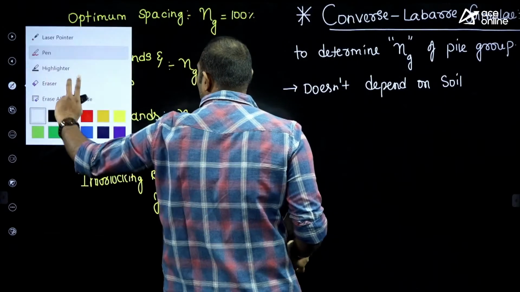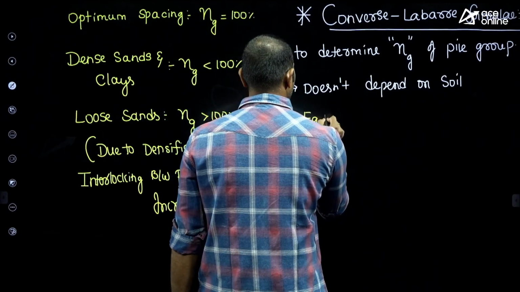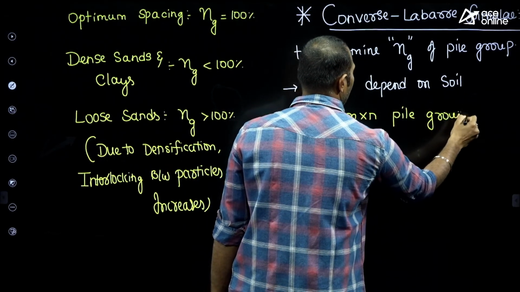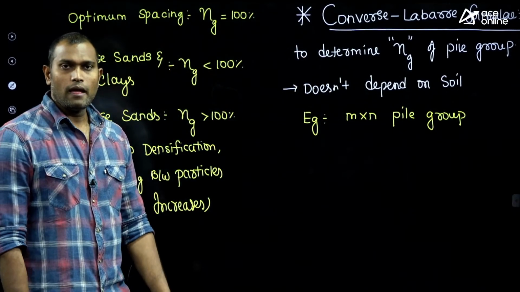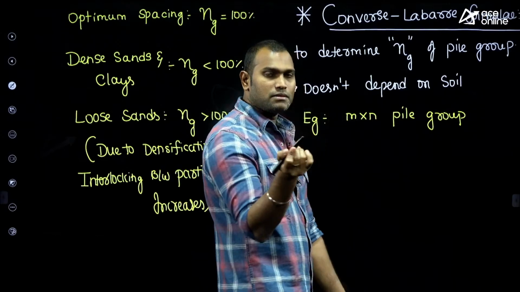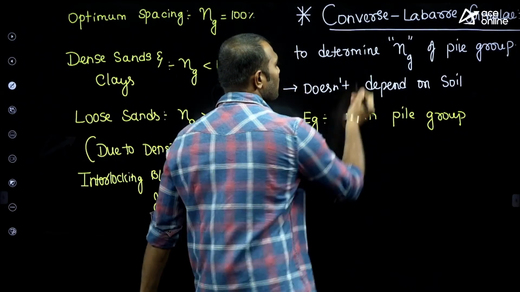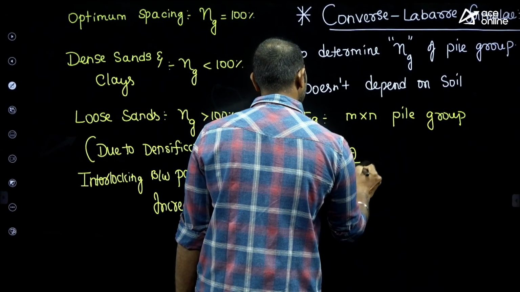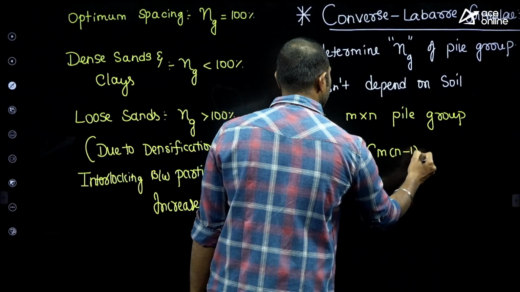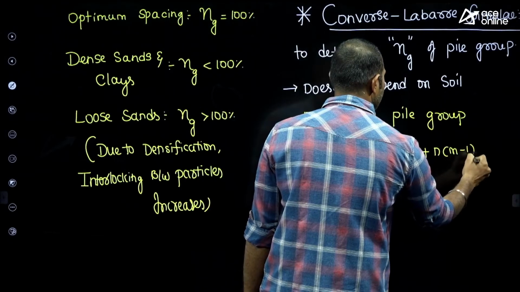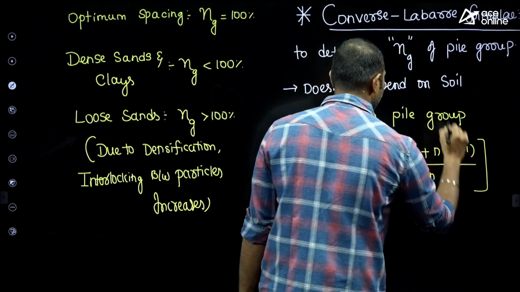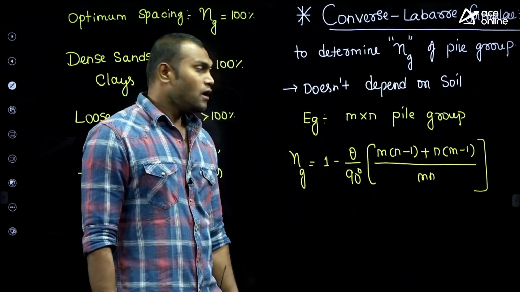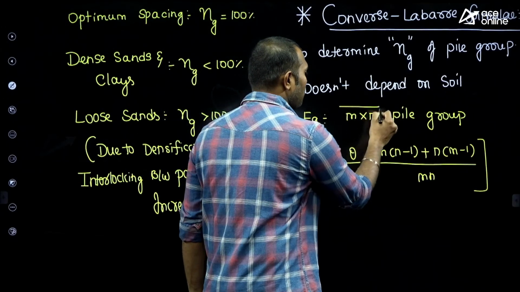So if you take any pile group which has m by n piles, number of piles in the row and number of piles in the column, and if you know the center to center spacing between the piles and the diameter of the piles, the group efficiency is given as 1 minus theta by 90 degrees into (m into (n minus 1) plus n into (m minus 1)) by mn, where m and n are the number of piles in the group.